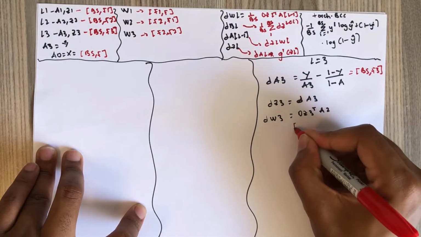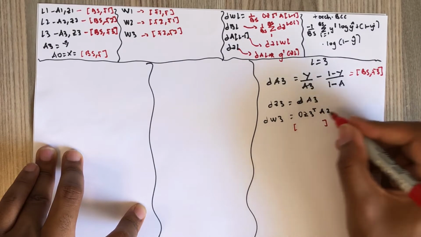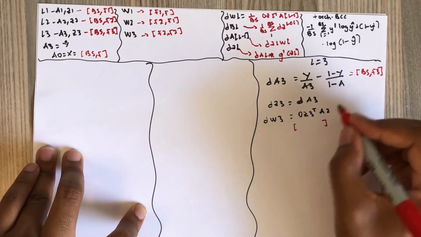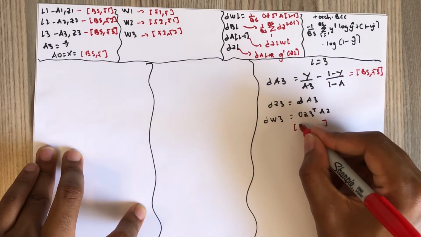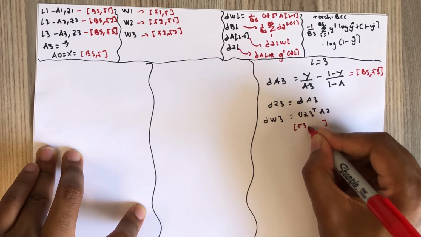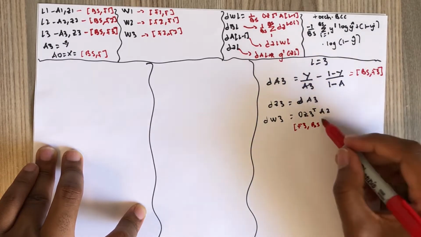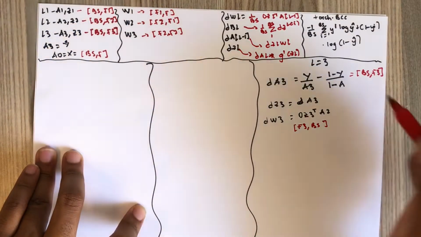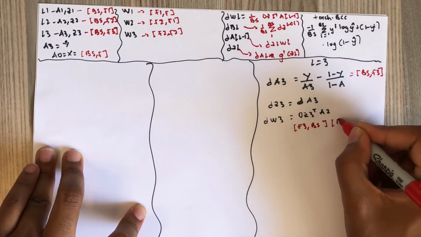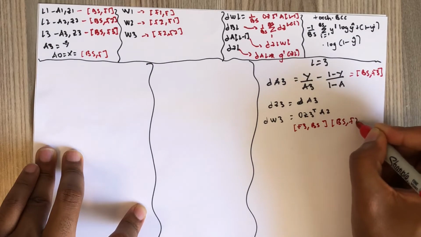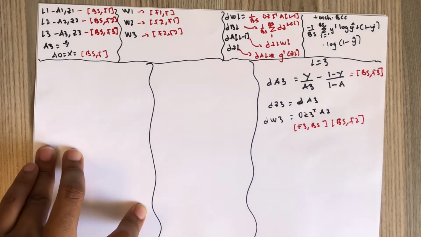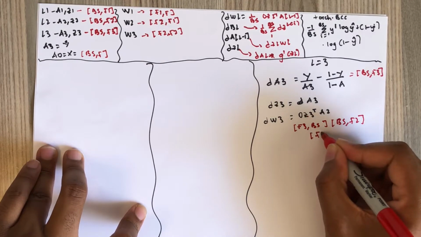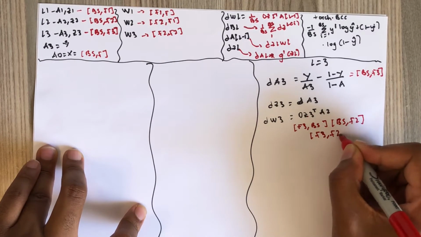We already computed them. dZ3 is actually dA3. Then we take the transpose, then it becomes F3 by BS. A2, we have A2. A2 is BS by F2. Alright, and when you multiply them, you end up with something like this, F3 by F2.